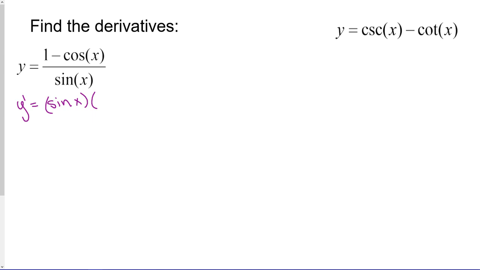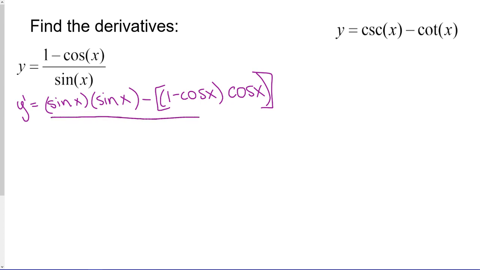Our derivative of this is going to be sine of x. You may be thinking, wait, that's cosine. Shouldn't it be negative sine? It's actually negative cosine, so its derivative is just going to be positive sine. We're then going to have minus high d low. So we have 1 minus cosine of x, and the derivative of the low is cosine of x.